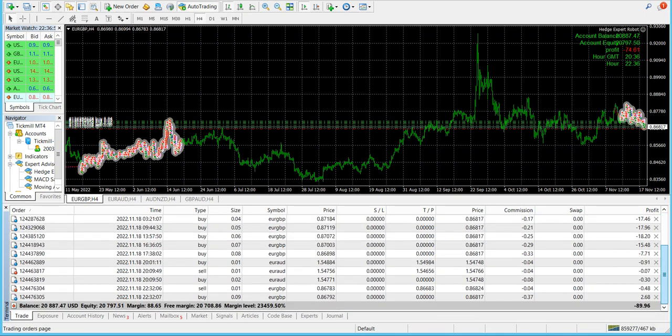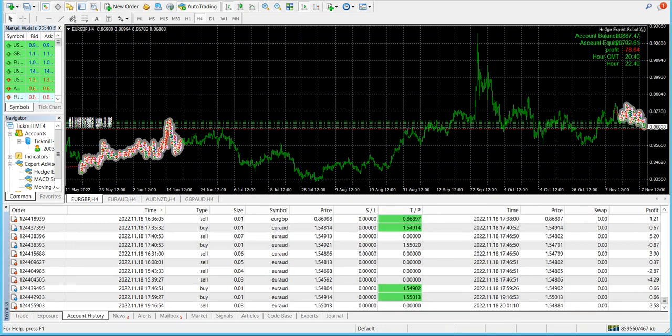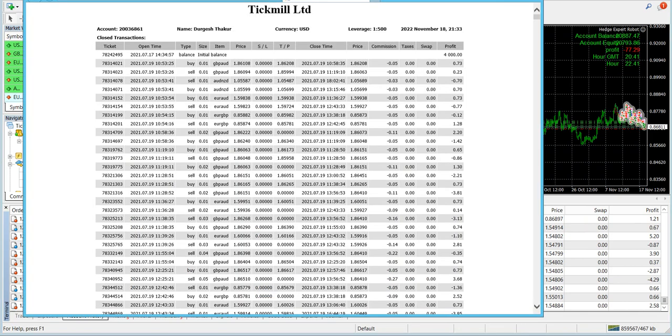These are the running trades, minus 89 point something. That's going to take a little time, so let's pause for a minute. Okay, let's see now if the report has been generated. Okay, now it's being generated.